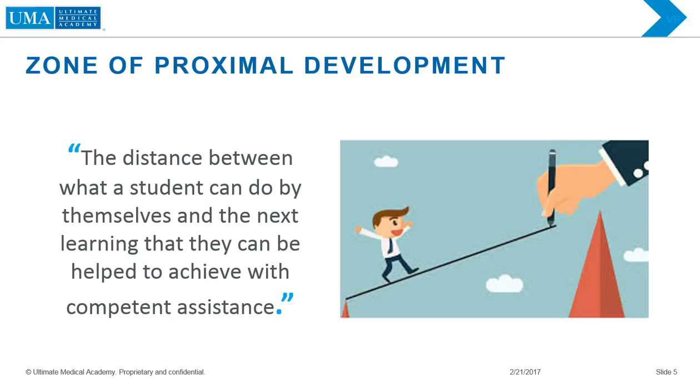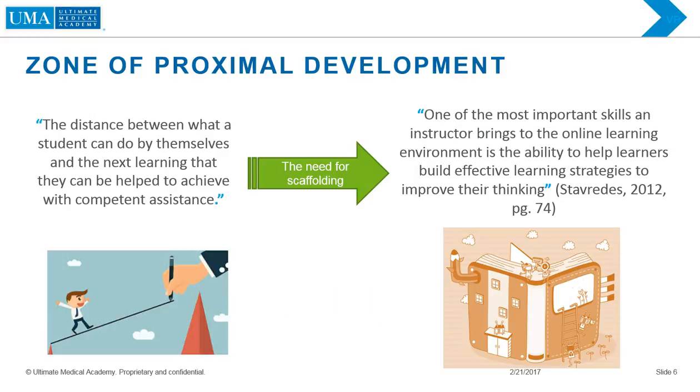When we think about scaffolding learning, we want to think about the zone of proximal development. The zone of proximal development is the distance between what a student can do by themselves and the next learning that they can be helped to achieve with competent assistance. And so if we think about the zone of proximal development and then the need for scaffolding, we can look at Tina Stavredes' work.